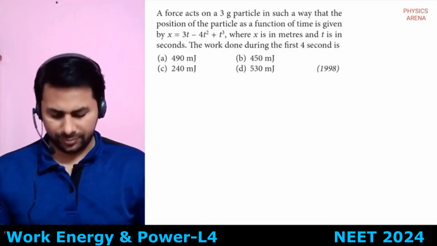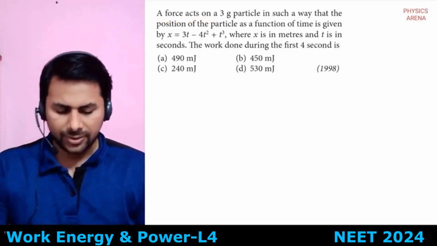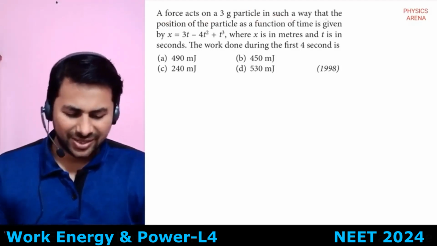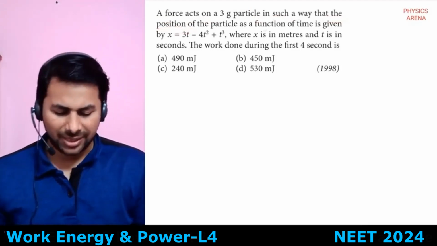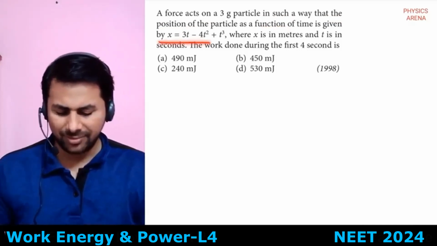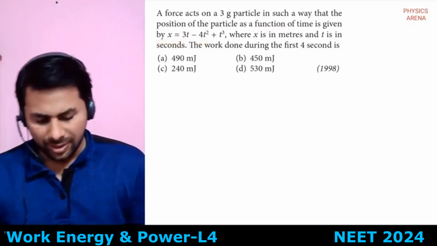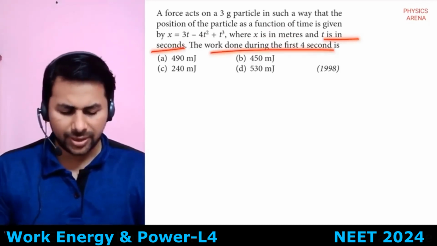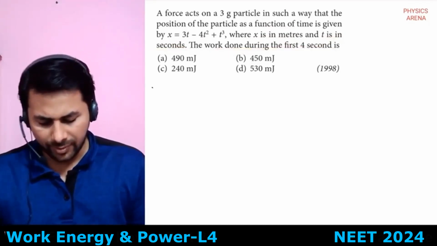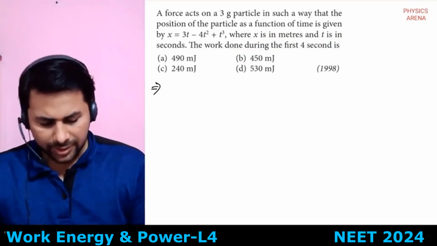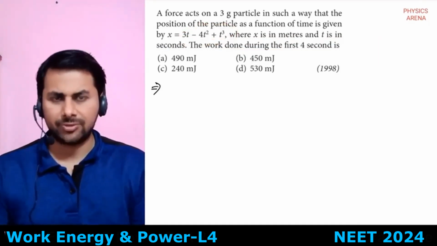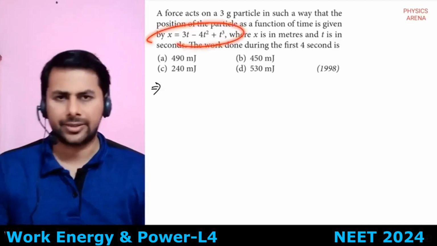Let's see the next one. A force acts on a 3 gram particle in such a way that the position of the particle as a function of time is given by this expression, where x is in meters and t is in seconds. The work done during the first 4 seconds is. So now we don't have just t² in the formula for x.